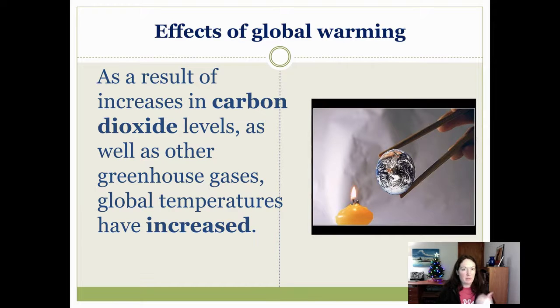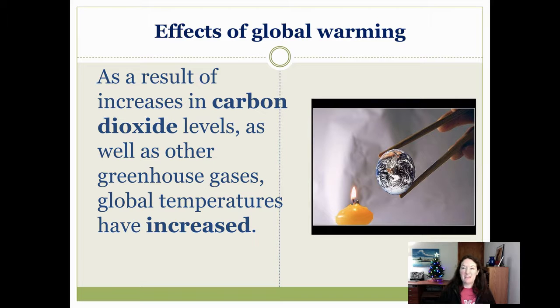Methane is another one that we're becoming more and more aware of as a factor. Those have caused an increase in global temperature. Once again, these gases, carbon dioxide, methane, and CFCs, make up a very small proportion of our atmosphere. However, they have a very significant effect when it comes to raising the global average temperatures.